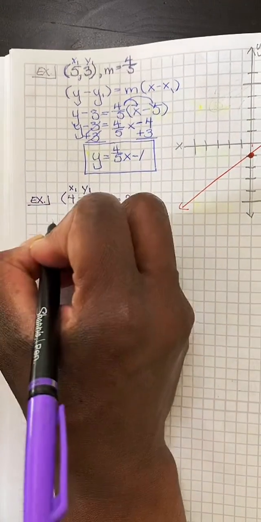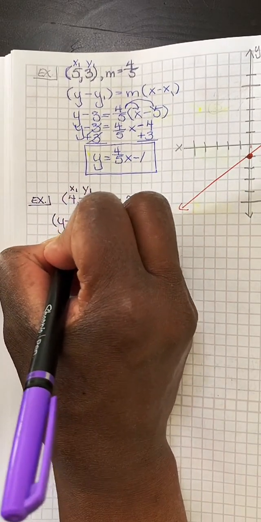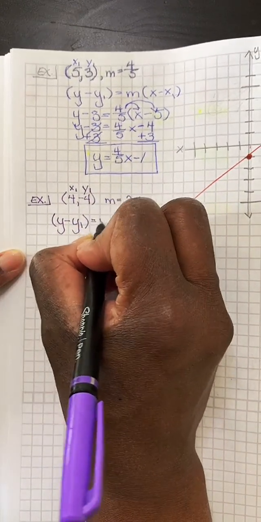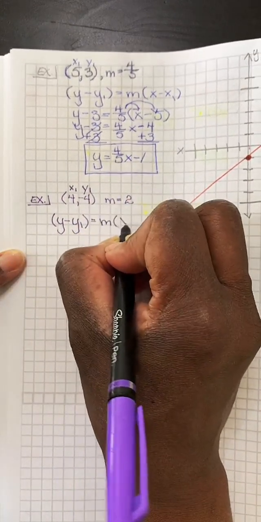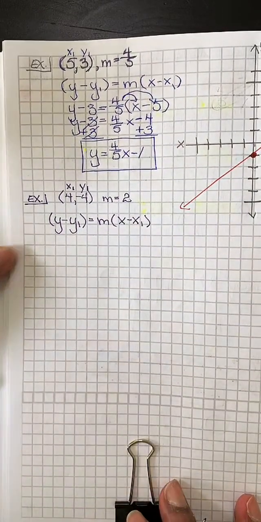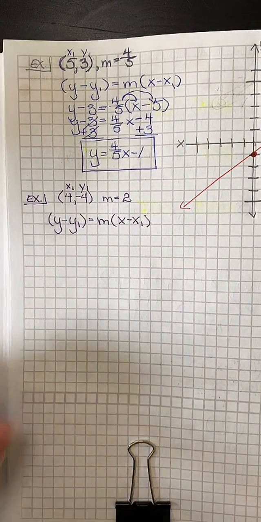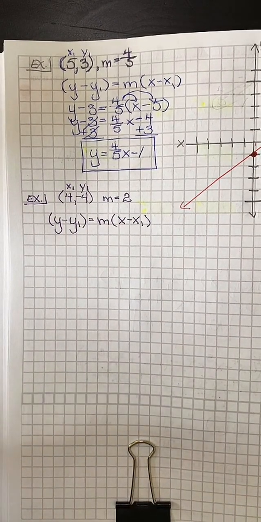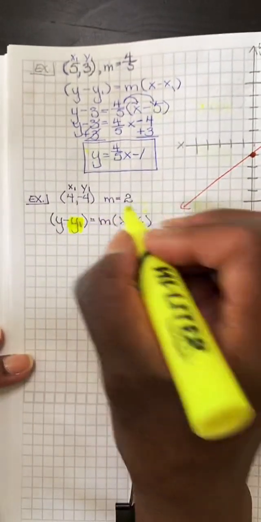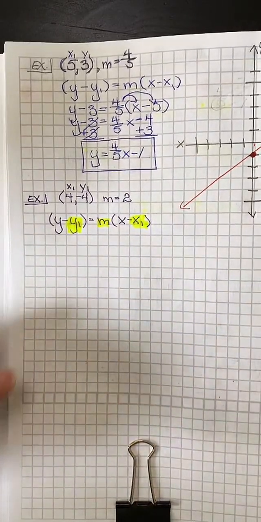They didn't get too deep with the names of these formulas, okay? It was just really, here's point slope. So we have y minus y1 equals m times x minus x1, or x sub 1. All right. So the only areas, there's 3 spots that we're going to plug information in. We're going to plug information in for the y1, the slope, and the x1.